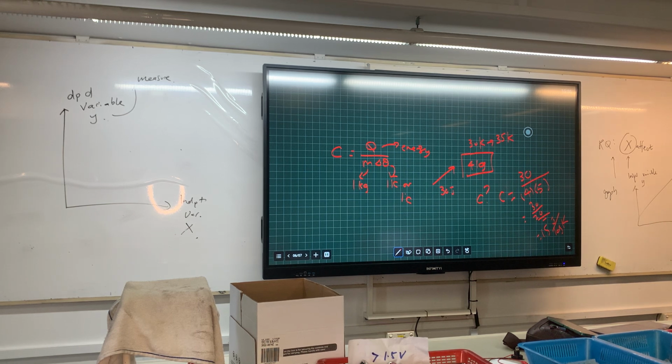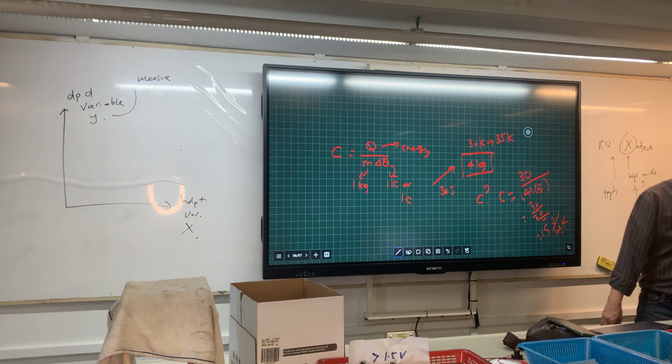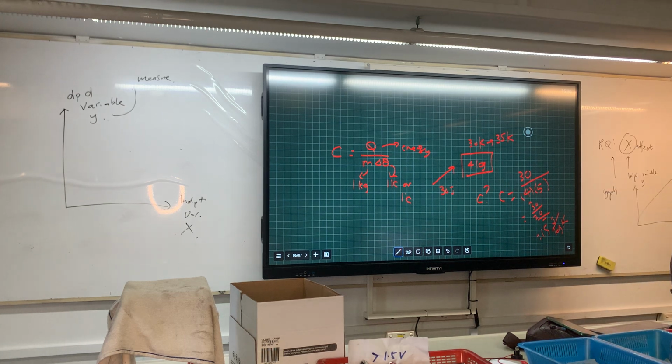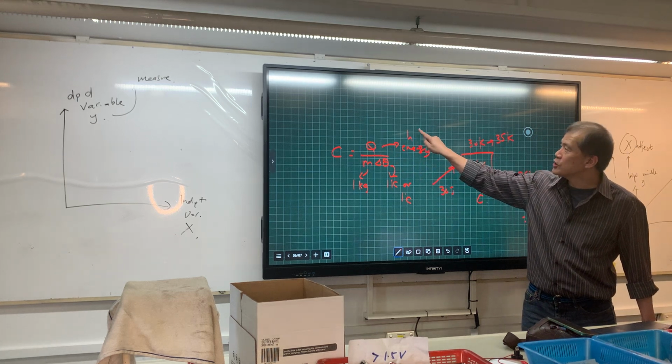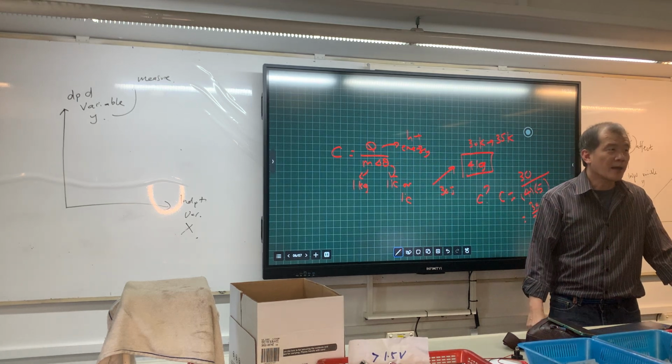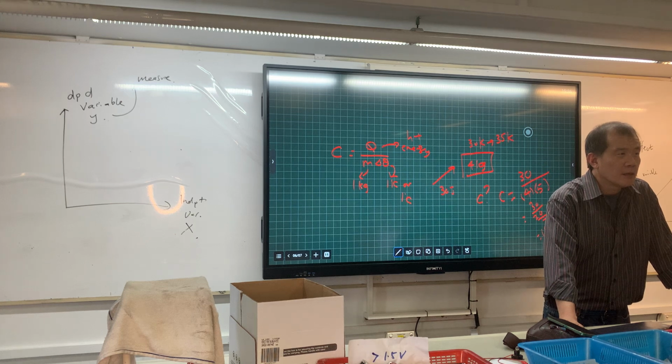Because all objects subjected to heat will absorb the heat and gain in temperature. Cool? Okay? So the unit of Q is still heat energy. Your Q is heat energy in joules, and the change is in degrees Celsius.